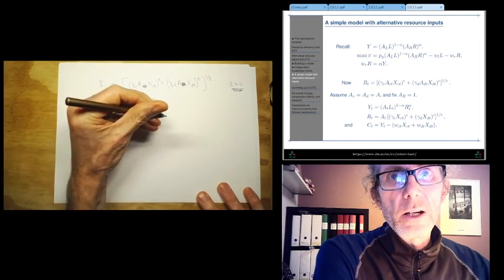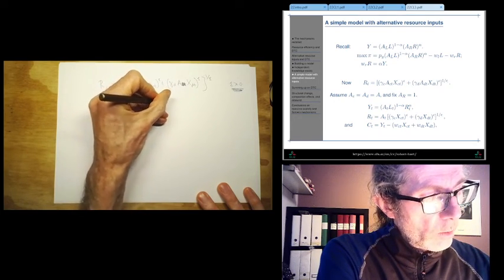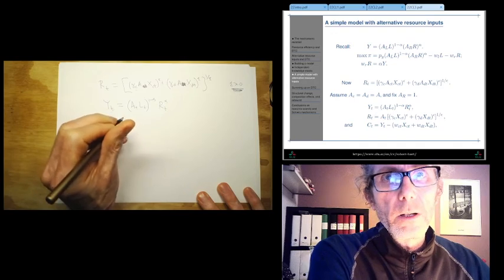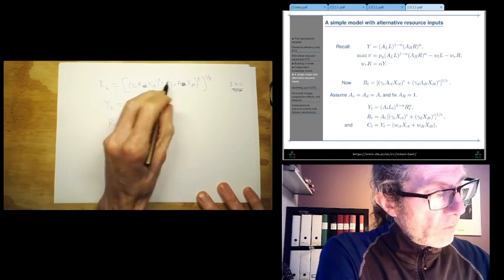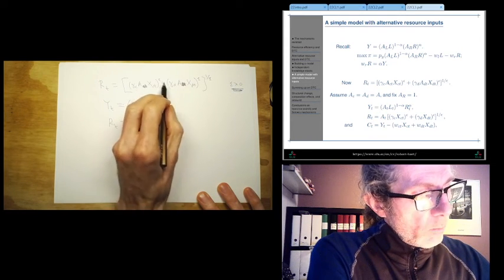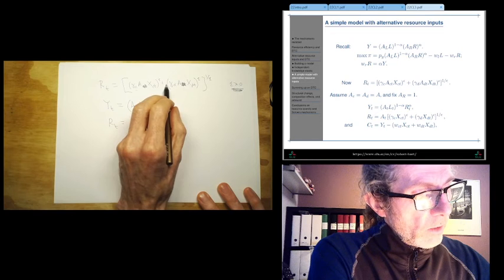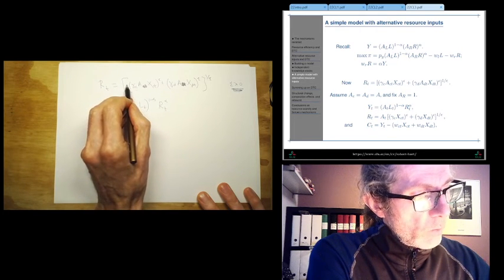Then we had A_Rt R_t to the alpha, but we're just saying A_Rt is 1, so it's R_t to the alpha. That's that one. And then we've got R_t is this, but we can take this A out here, A to the epsilon, A to the epsilon.